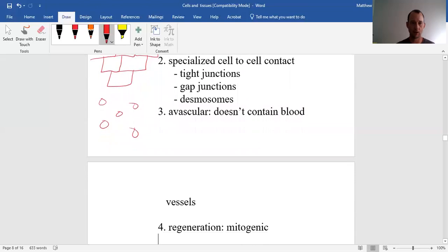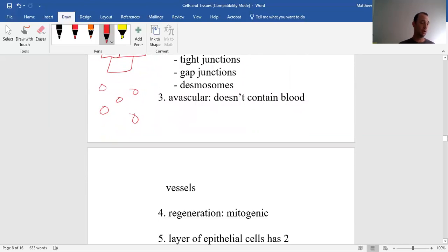I'm going to come back to that thought. Even though it doesn't have its own blood supply, at least the foundational layer of your epithelial tissue has the ability to regenerate. That means it's mitogenic, or a word that goes back to your basic biology would be it can undergo the process of mitosis, cell division.